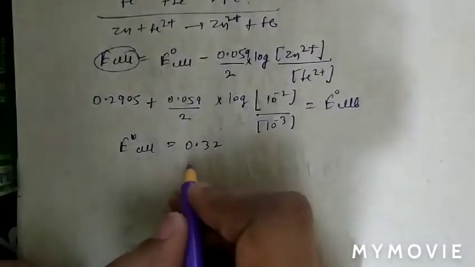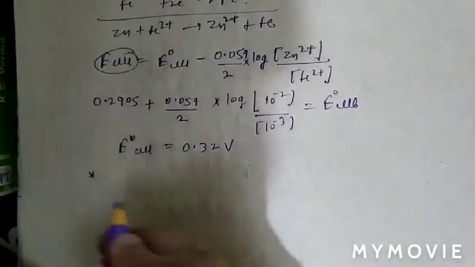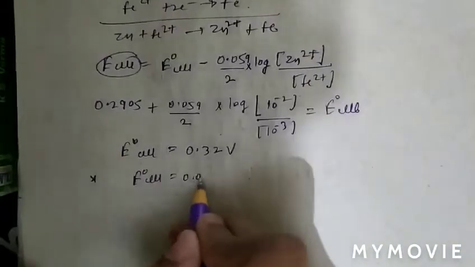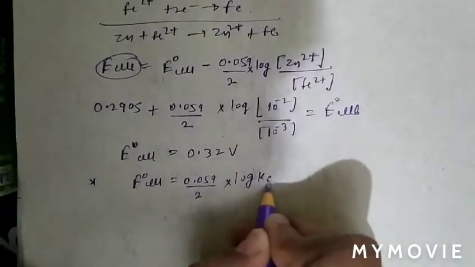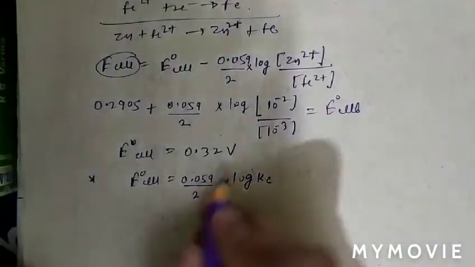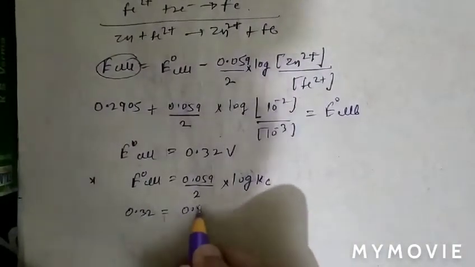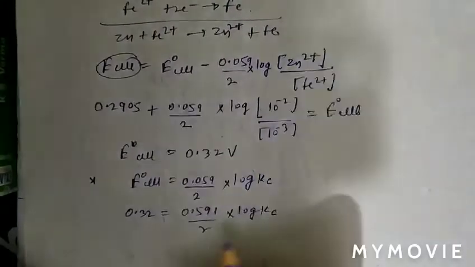The value of E naught cell will be equal to 0.32 volt. Now we can apply E naught cell equals 0.059 by n into log of Kc. As E naught cell we have calculated 0.32, equal to 0.059 divided by 2 into log of Kc.